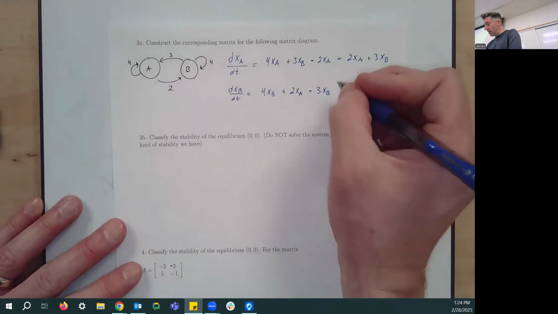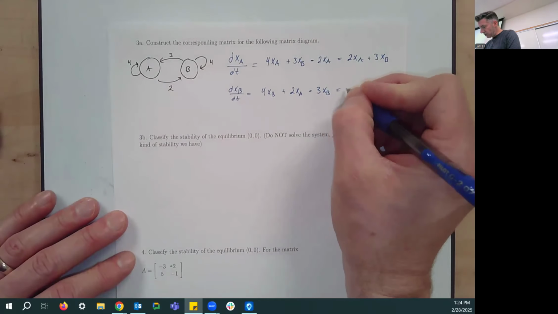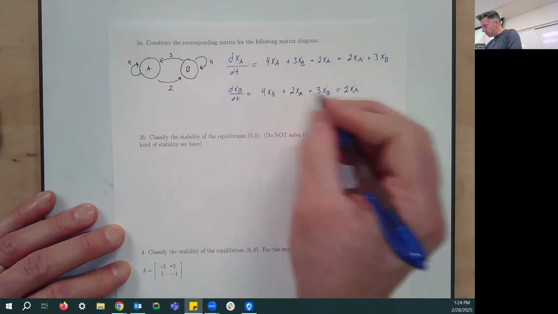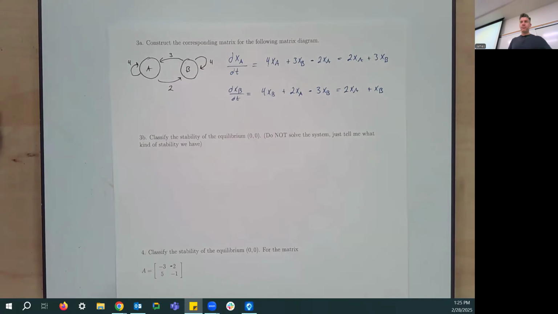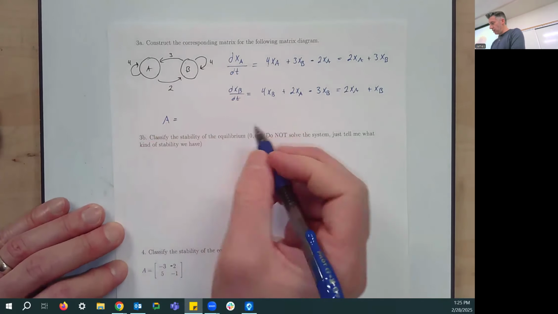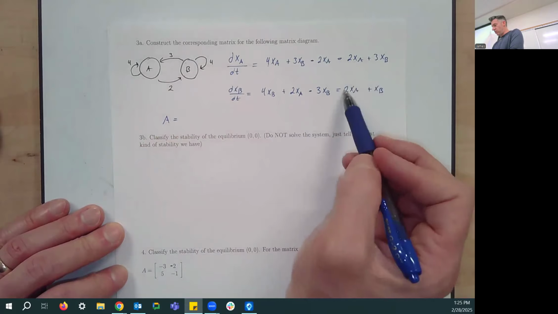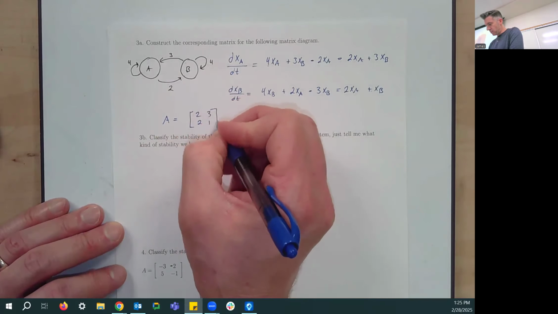Combining like terms again and writing them in the same order where A is first and B is second, just like we usually write x1 first and x2 second, we're going to write this as 2xa plus xb, or plus 1xb if you prefer. Keep things in order here. And then the matrix is just going to be the coefficient matrix 2, 3, 2, 1. That's it.